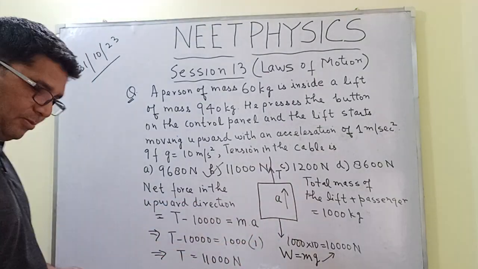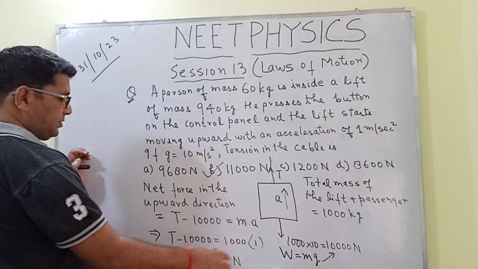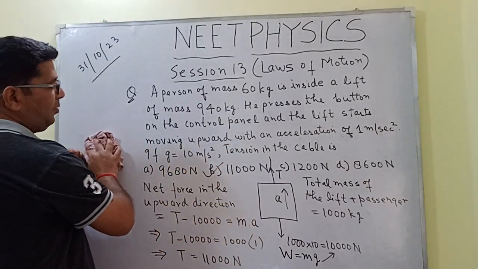So in this way we have calculated the tension in the cable of the lift, which is equal to 11,000. So the correct option is B.